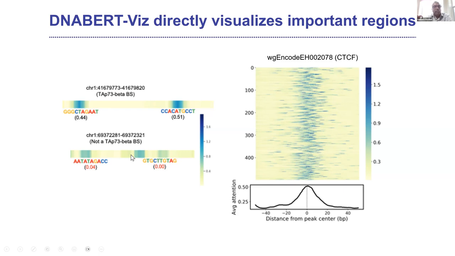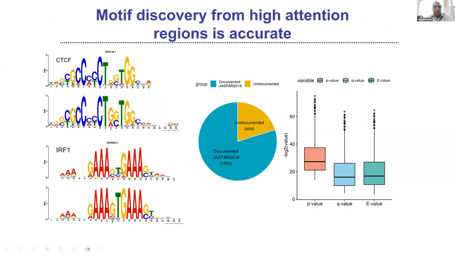So DNABERT can take this kind of ChIP-seq data set, find the high attention regions, and do motif building, which actually overlaps with the known motifs. For example, here is a summary of all the ChIP-seq files.